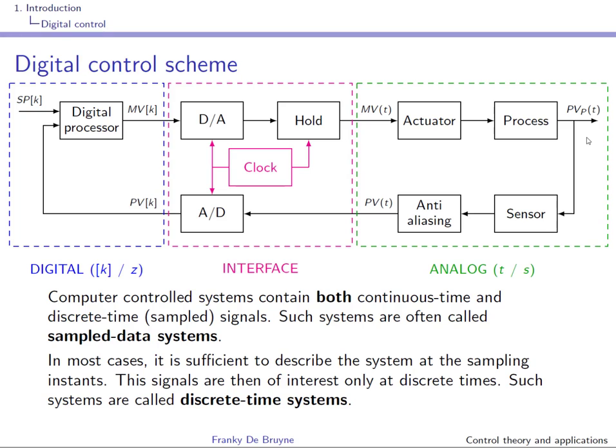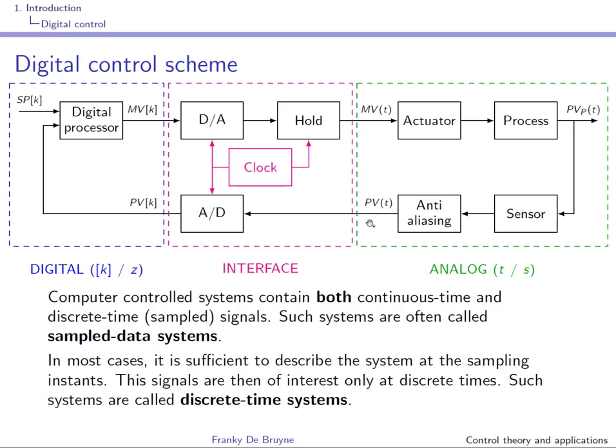To measure the actual output, we need, of course, a sensor. We'll assume, in general, that the frequency response of this sensor is flat and equal to 1 over a frequency band that is much larger than the future frequency band of the closed loop system. Since the process output is going to be sampled, we need to use an analog anti-aliasing filter.